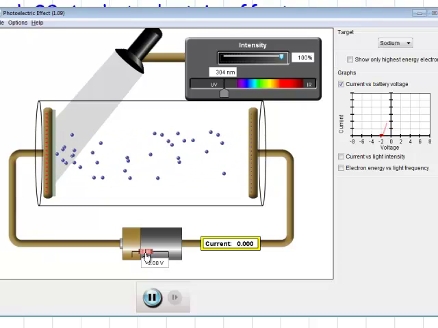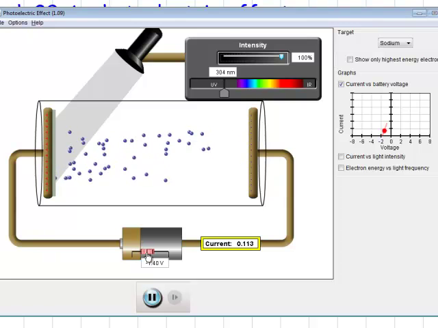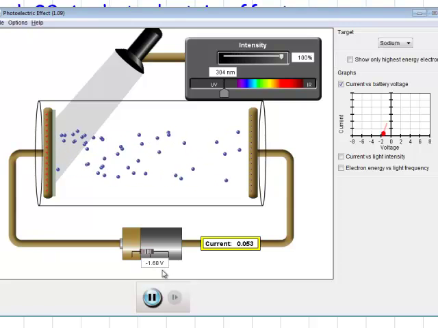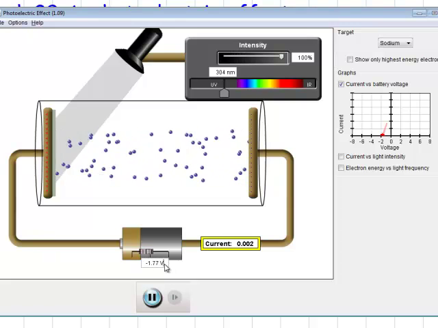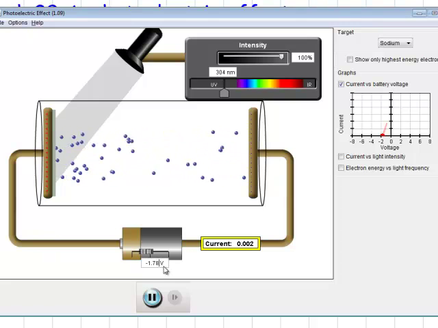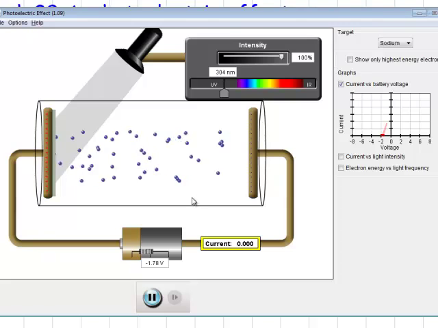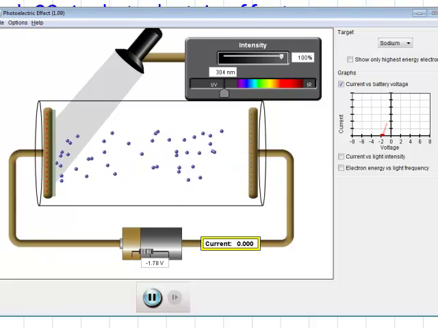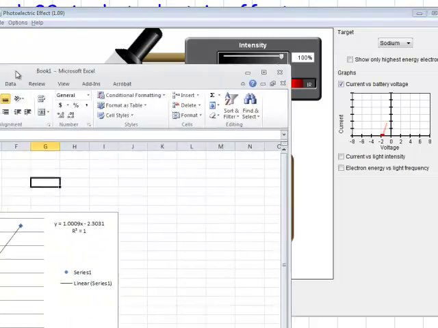And then if I increase the stopping potential, at some point again I'm going to come up with a 0 current, and I measured that earlier as 1.78 here, 1.77 volts. Still some current is coming through, but if I go to 1.78, no electrons are hitting the other electrode. And then I took a couple more measurements, and basically this is what I got.